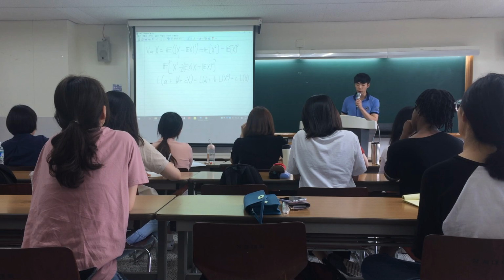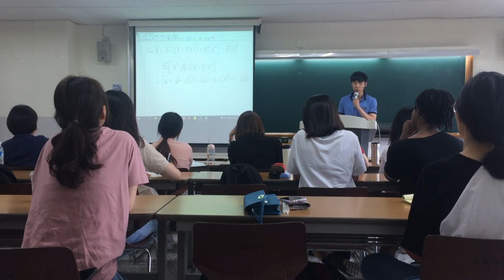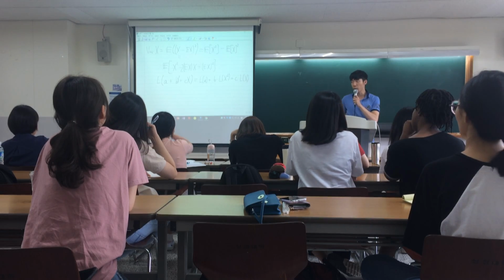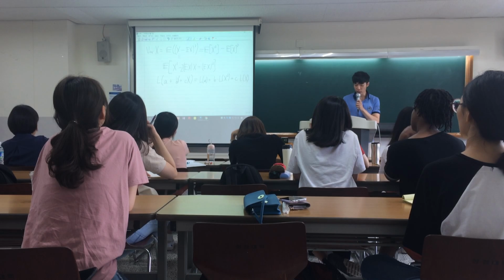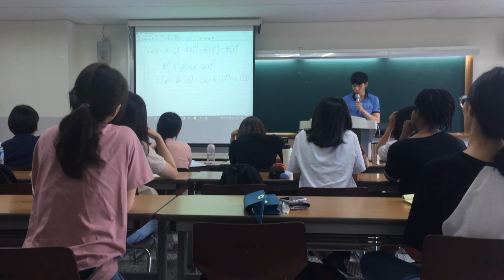And the linearity of expectation is easy to prove, but it's just a lot of hard work. I mean, you have to write a lot, and so I'm not going to do it here.